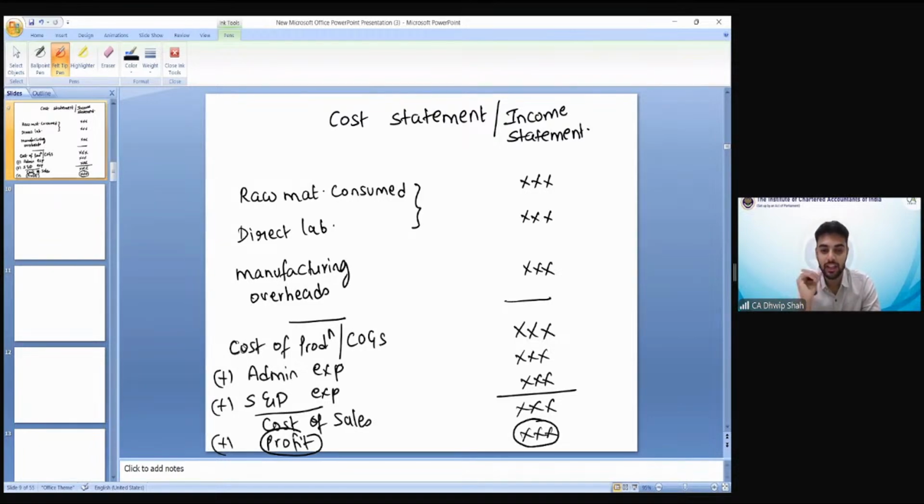That would be a double benefit: you are earning profit and also getting funding from the bank for the profit amount. So the bank will never fund you for profit.